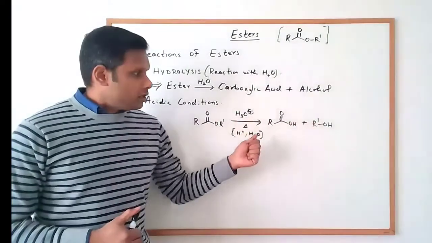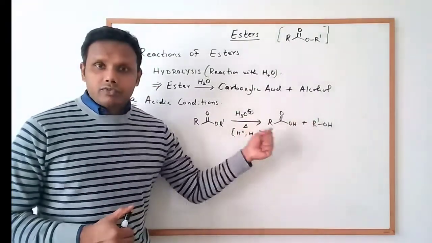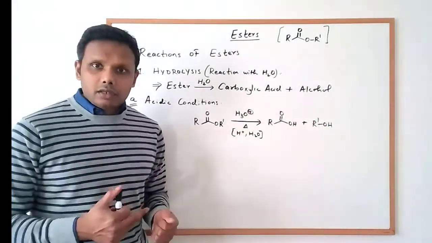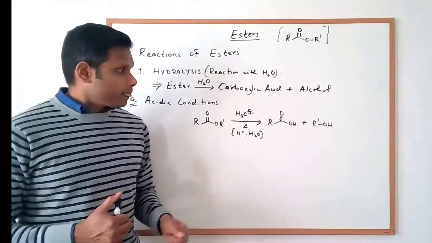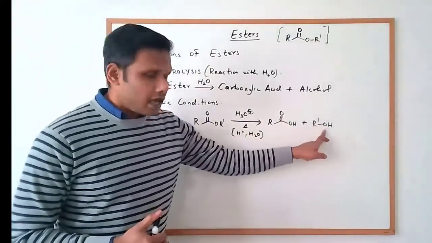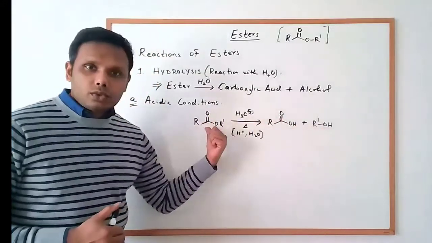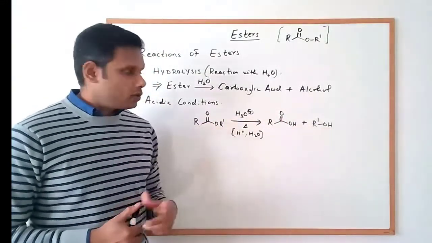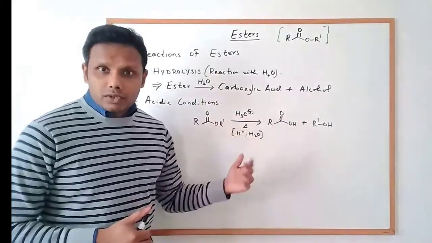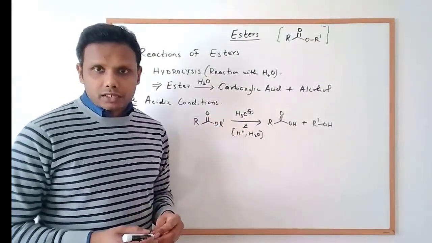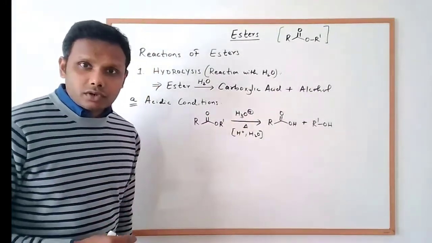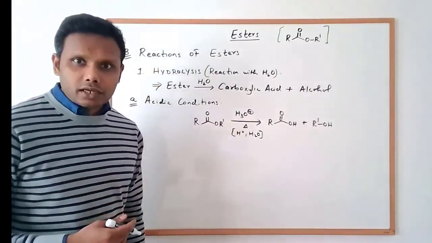Now, notice that this is the reverse of a Fischer esterification reaction that was also done under acidic conditions, and it converted the carboxylic acid and the alcohol into an ester molecule. So the hydrolysis under acidic conditions is just the reverse of a Fischer esterification reaction. We'll look at the mechanism of this reaction, which is basically the reverse of a Fischer esterification reaction.